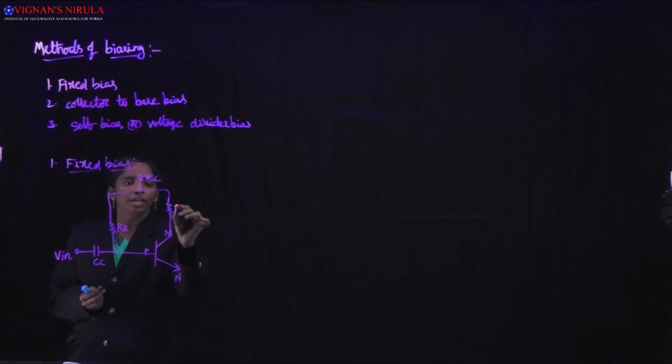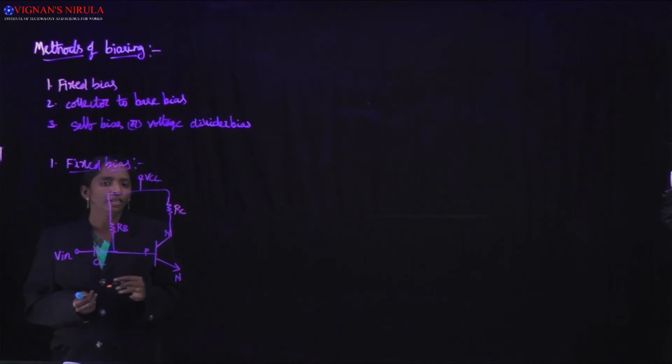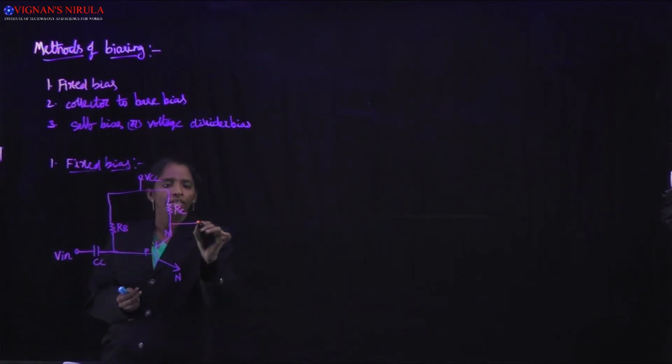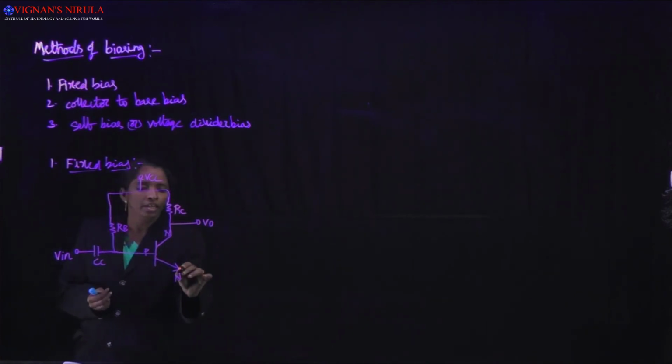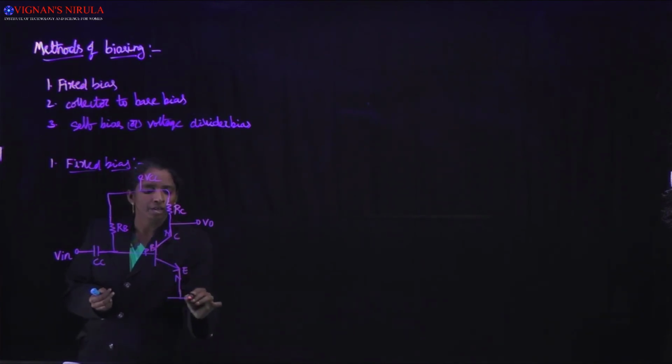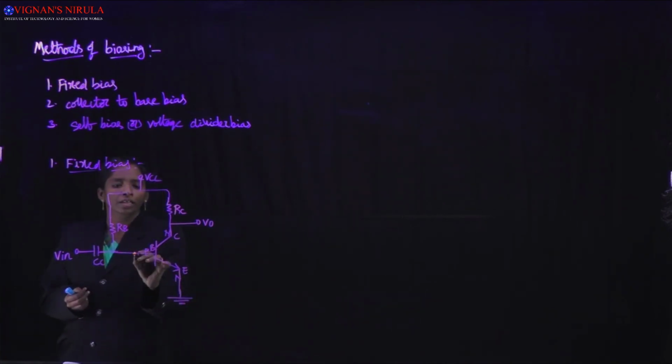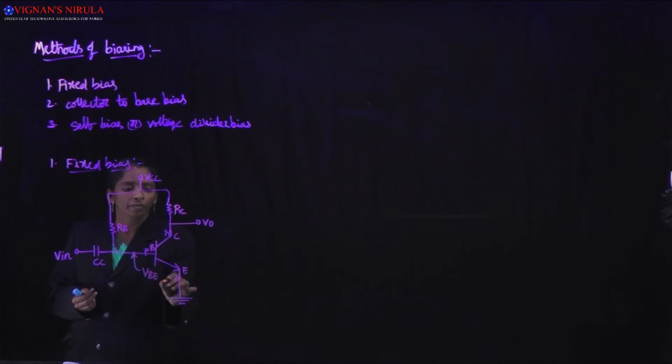We take the output across the collector resistor, represented with RC, and the output is represented with V0. Here we know this is the emitter, base and collector. The emitter is connected to ground. The voltage between base and emitter is called VBE.